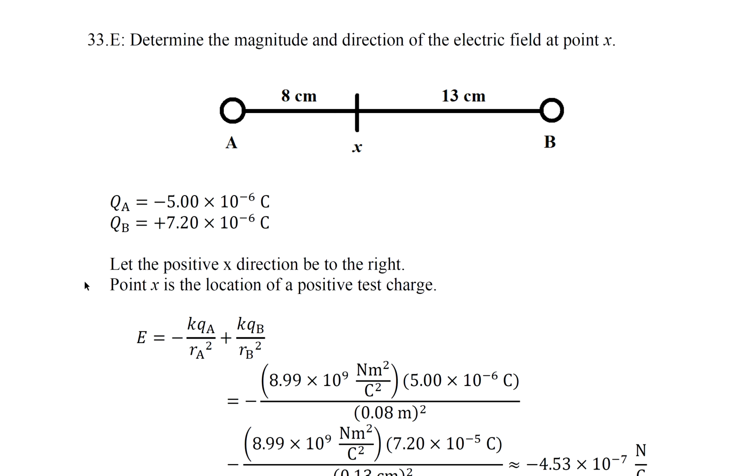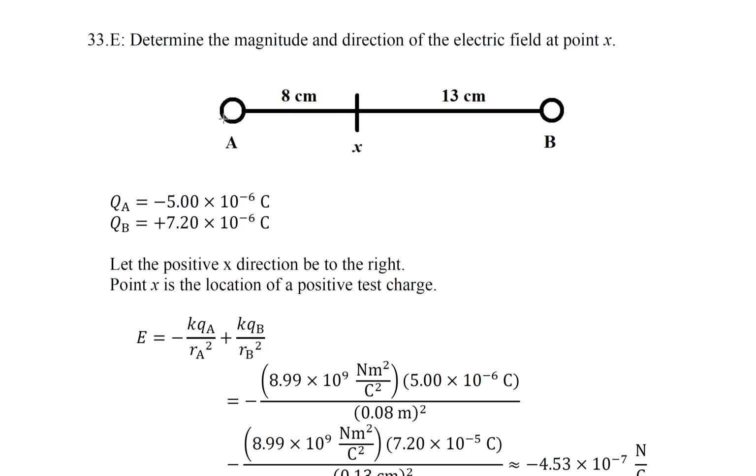Question 33, determine the magnitude and direction of the electric field at point X. So what's the electric field here at point X? Well, we have the charge of A and the charge of B. Let's say the positive x direction is to the right. And point X is the location of a positive test charge.